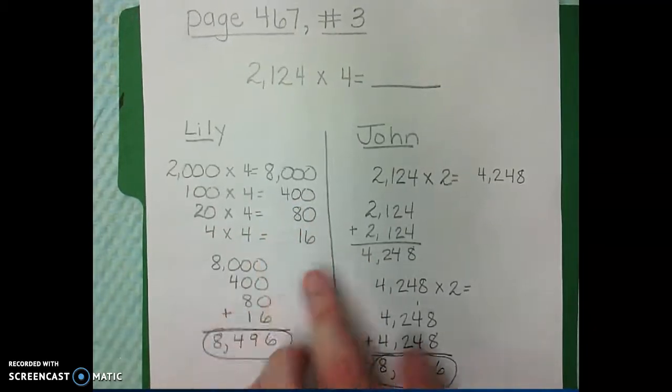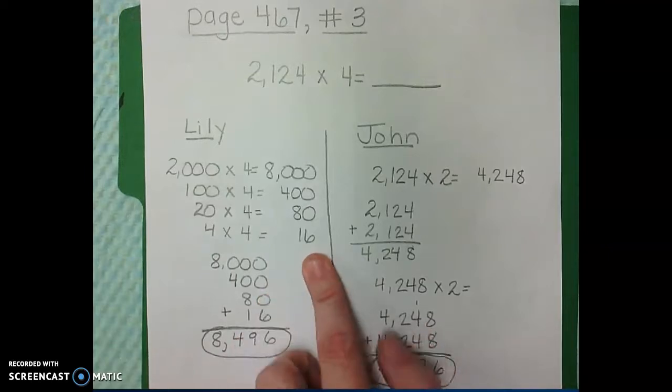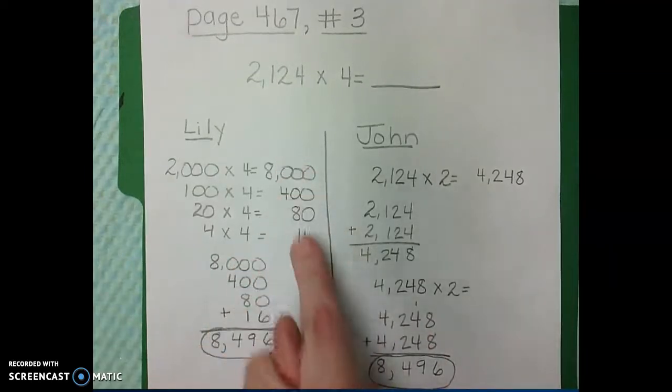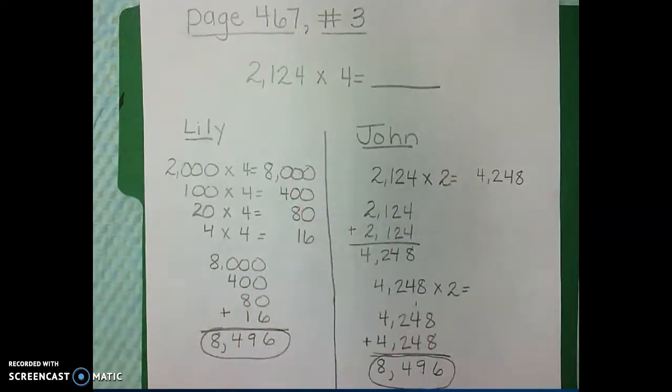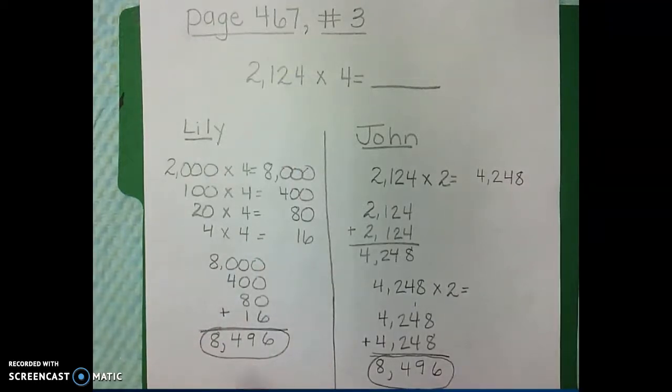And 4 times 4 gave her 16. And now she's going to take all 4 of these subproducts and add them together to get the final product. So 8,000 plus 400 plus 80 plus 16 gave her the grand total of 8,496. Now that's one way of working out this problem, one strategy.